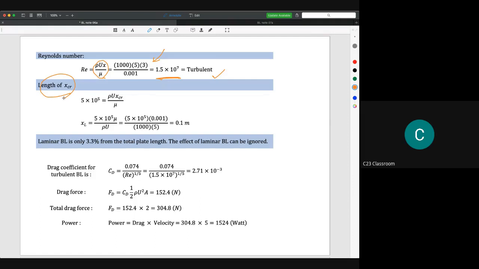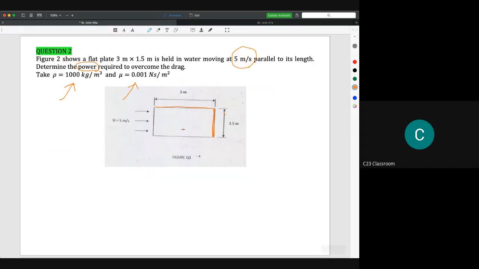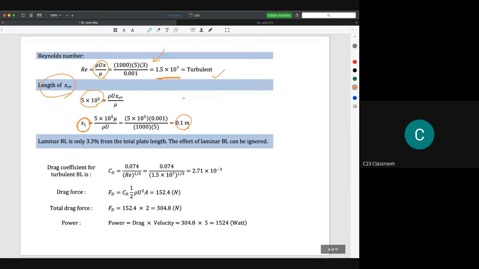So the critical Reynolds number is 5 times 10 to the power of 5. So we could find that the x of laminar here is equal to 0.1 meter. Because the total length is 3 meters here, 0.1 meter is very, very small. It is about 3.3%. So we could ignore the effect of the laminar boundary layer.